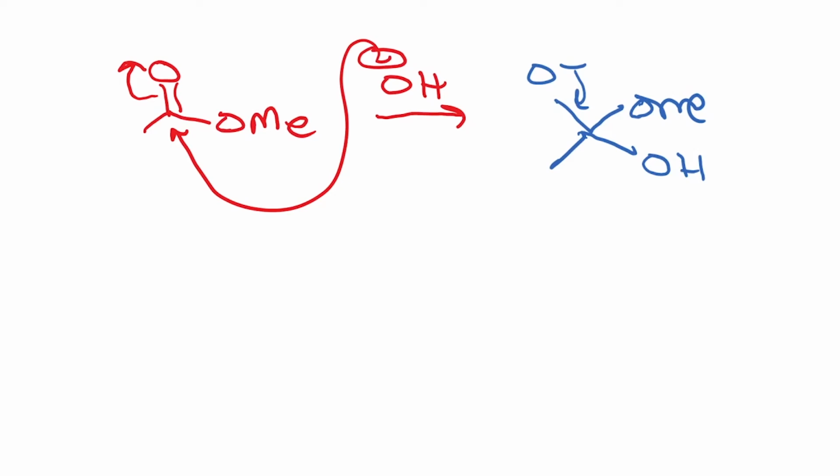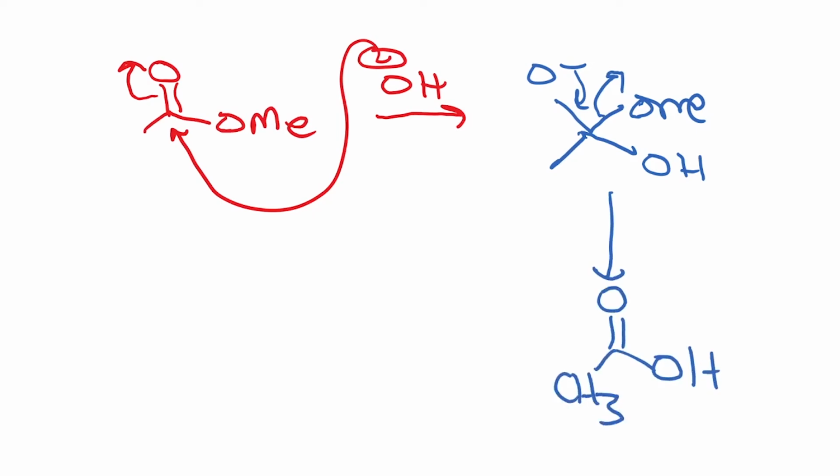And if it does kick out the methoxide, then it's going to produce a carboxylic acid. When this carboxylic acid is produced, you all know that in the presence of a base, it's going to very quickly give you the carboxylate, which is not going to react further.